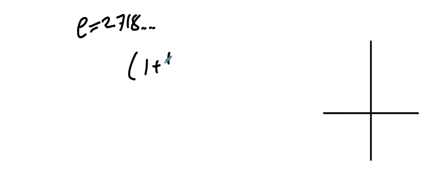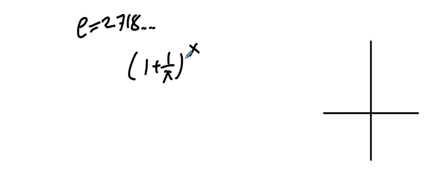Essentially, we're going to have this thing called a natural logarithm. We're going to use this e. E is equal to 2.718, and then it goes on forever. It's sort of like pi in that sense. But this appears in a very different branch of mathematics, where let's say we have compound interest. 1 plus 1 over x raised to the x.